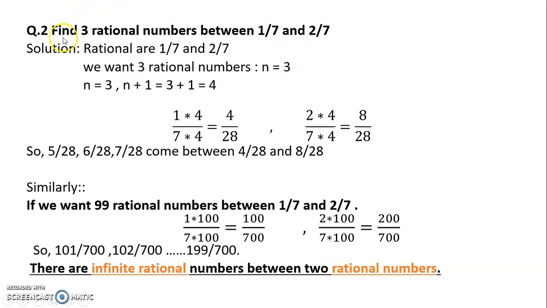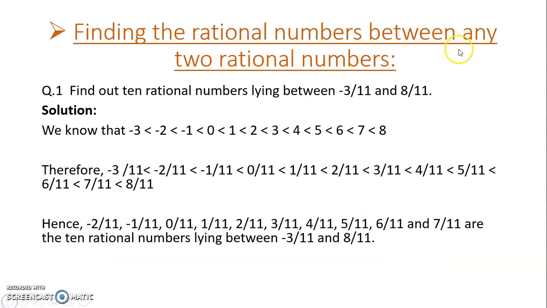First of all, let's see one more example: to find three rational numbers between 1 by 7 and 2 by 7. So what is the difference over here? Here in between 1 and 2 there are not so many numbers. In the last example there were so many numbers in between minus 3 and 8, so it was very easy to find 10 rational numbers in between them.